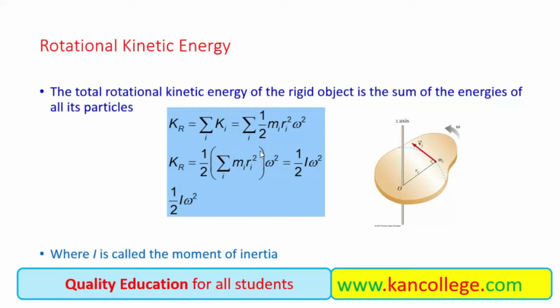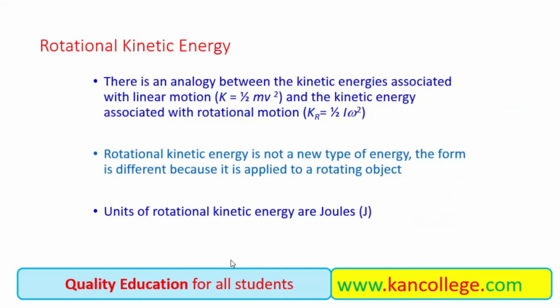If we give it the name capital I, the total kinetic energy becomes half I omega squared, where I is called the moment of inertia.